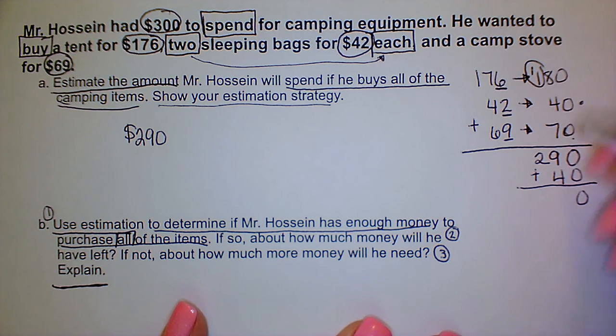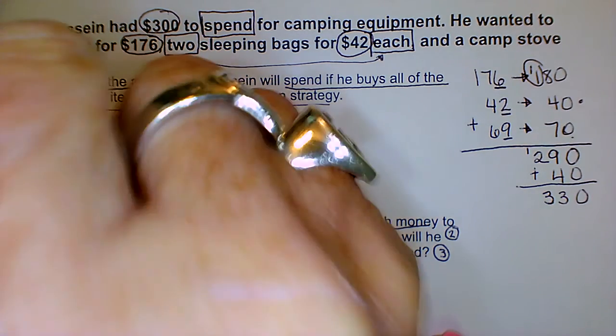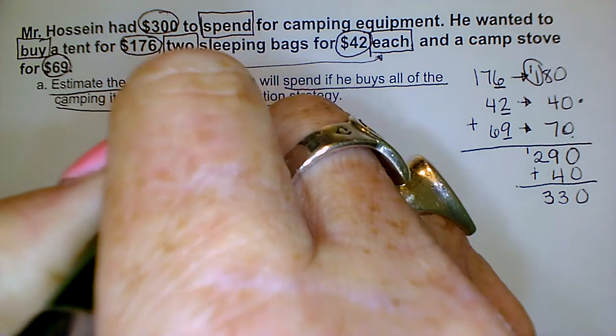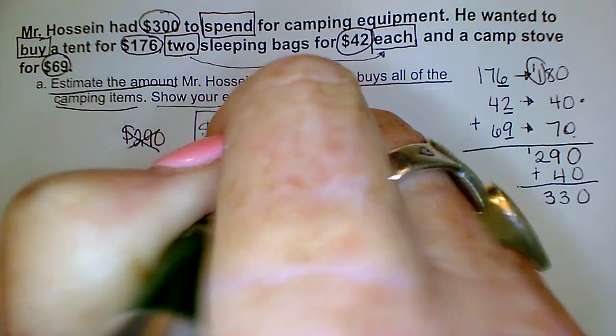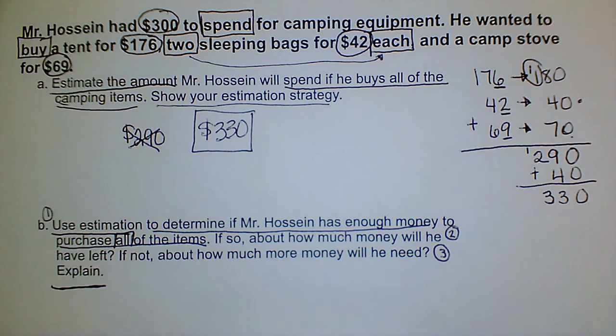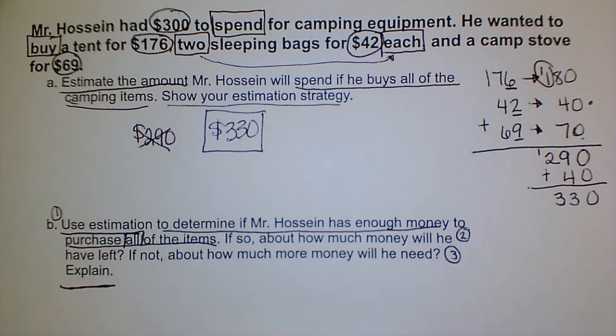So that makes $330. Very good. So we caught our mistake before we got too far into damage, right? So $330 is actually what he needs. And that was my fault for not rereading the question with y'all.